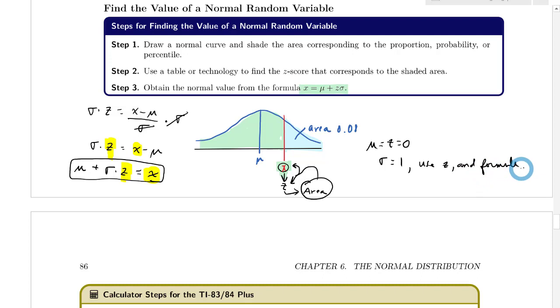So let's take a couple of examples. How it's different again is that we're working our way backwards. Instead of giving us x and then finding area, we're going to have area and then find x.